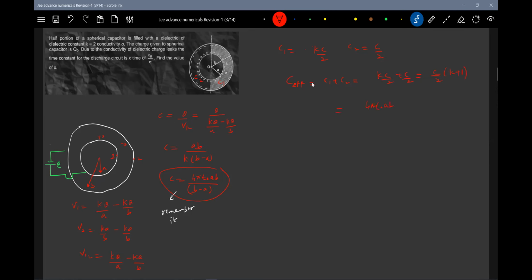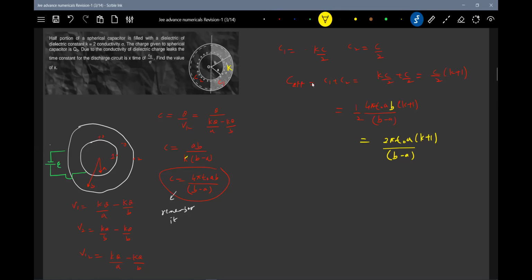C is 4 pi epsilon naught AB by (B minus A), times (K plus 1) by 2. So this we will simplify: 2 pi epsilon naught AB (K plus 1) by (B minus A). K is what I'll indicate here as the dielectric constant.